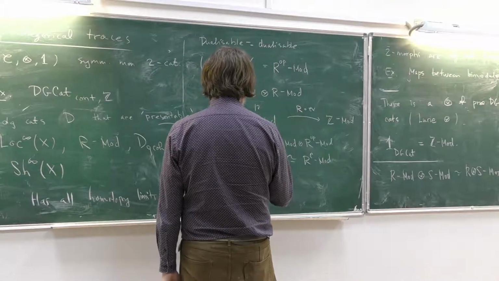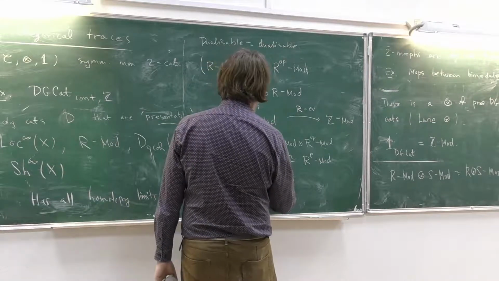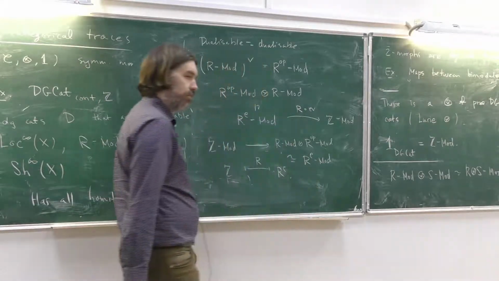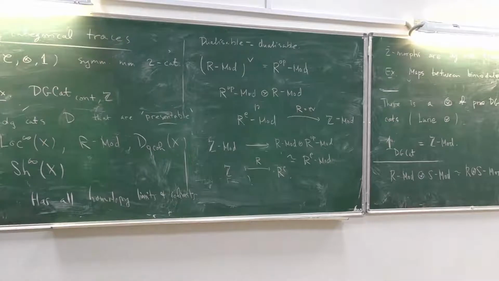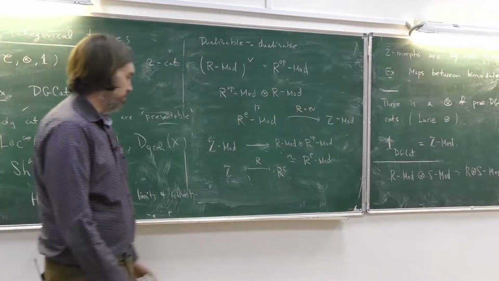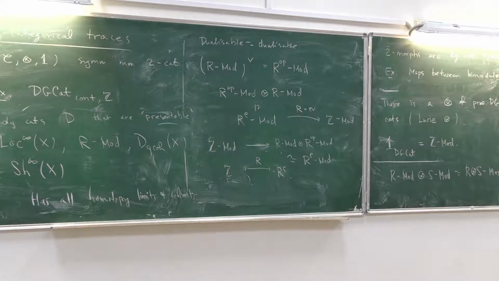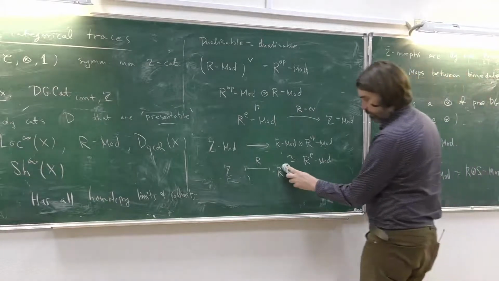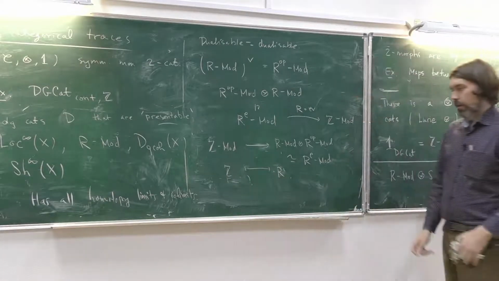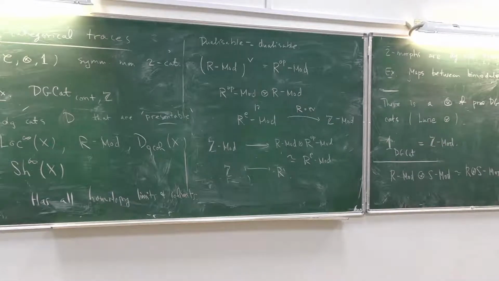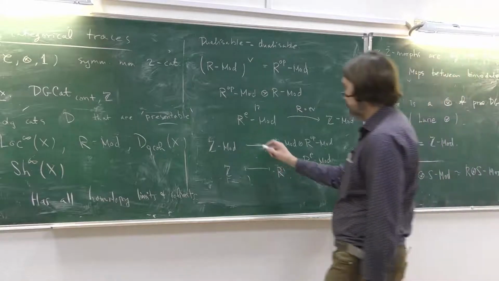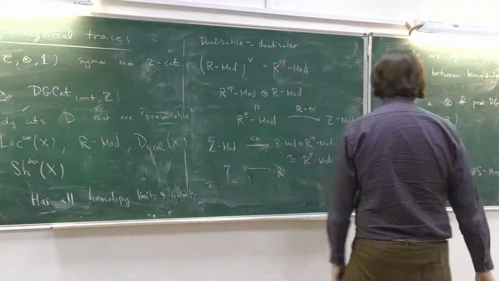It's the same, but kind of considered from the other side. So RE acts on both the left and right of R. Then that goes to simply R. Okay, and then there's something to check to show that these are evaluations and co-evaluations. This is how the duality works for DG modules.